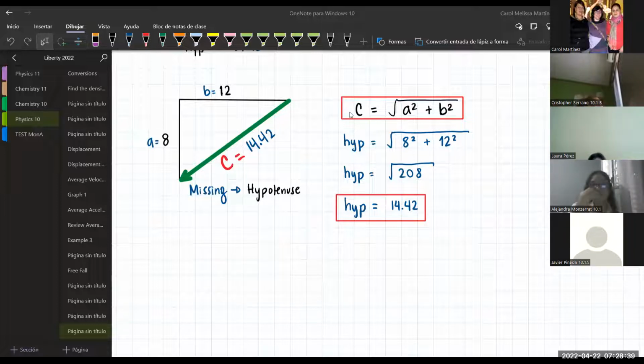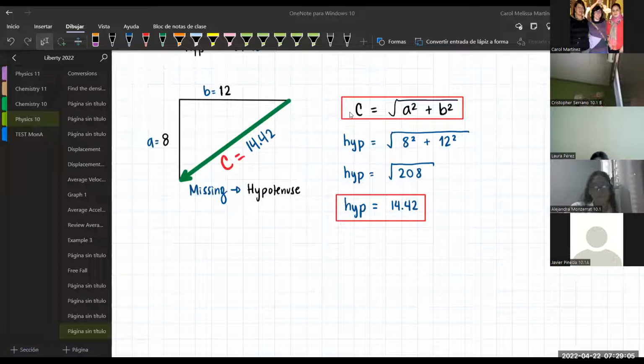This vector is called C. That's the name of the hypotenuse. You can name the hypotenuse whatever you want, you want to call it house, it doesn't really matter. But what really matters is that you know how to identify what is the vertical component and what is the horizontal component.